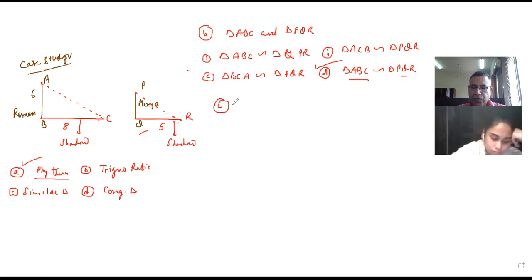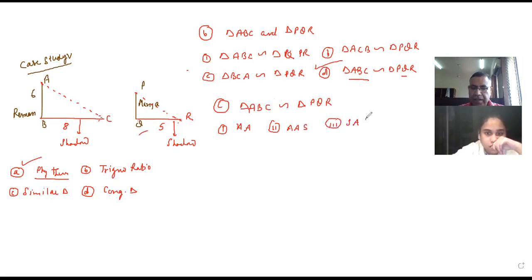The criteria used for similarity of triangles. Now, I want to show triangle ABC similar to triangle PQR. Which criteria should be used? The first is AA. Second is AAS. Third is SAS. Fourth is SSS.